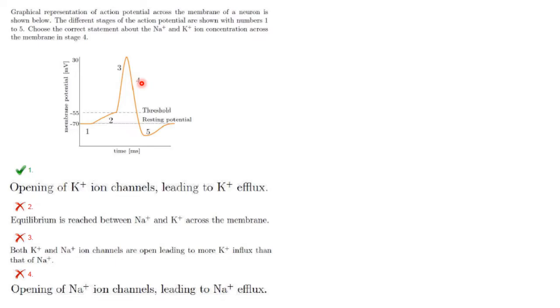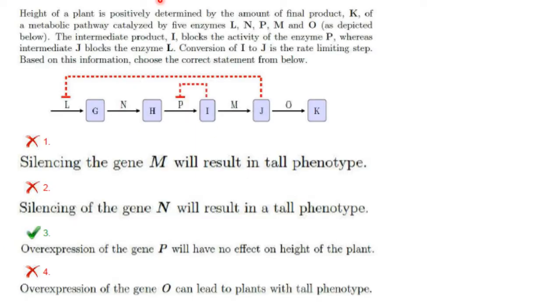During membrane repolarization, it results into rapid sodium channel inactivation, as well as a large efflux of potassium ion resulting from activated potassium channels. So option 1 is correct. Opening of K positive ion channels leading to K plus efflux. Then next one.